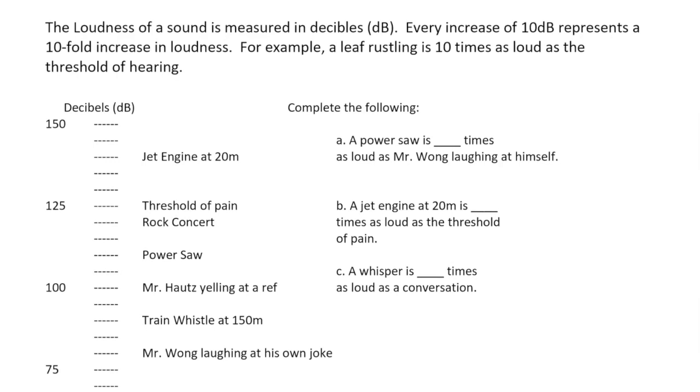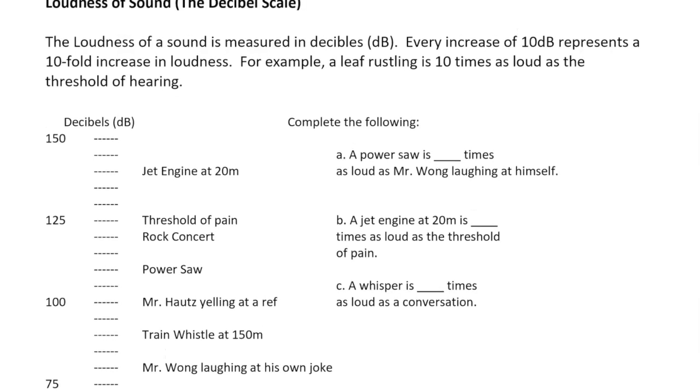A second common application is sound and decibels. If you think about where you've heard decibels before, maybe at a Canucks game or at a Seattle Seahawks game, sometimes they talk about how loud the crowd is through decibels. And so here's a couple examples.